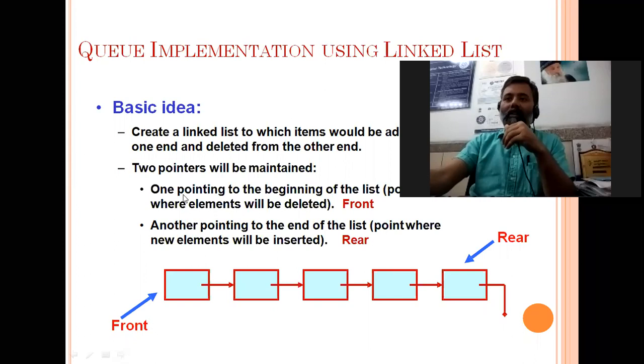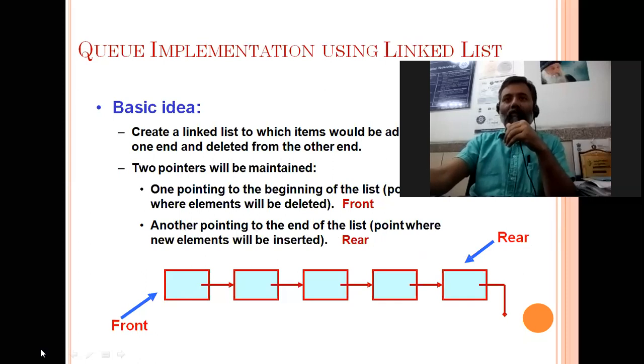Now, to create a linked list to which items would be added at one end and deleted from another end, the idea is we will maintain a linked list, with one pointer pointing to the beginning of the list, that is front, and another pointing to the end of the list, that is rear.